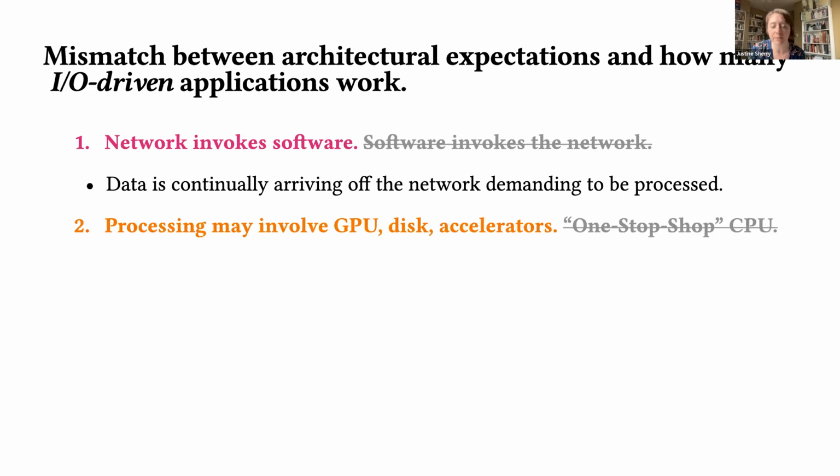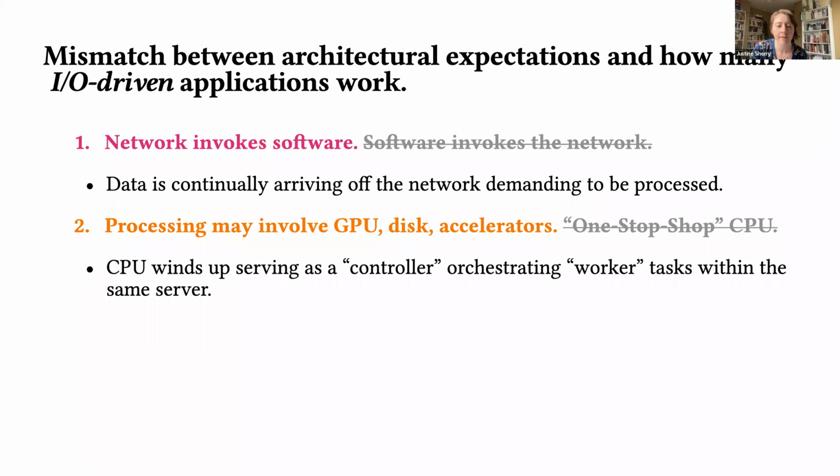And this pushes the CPU into this awkward role where it's an orchestrator, receiving all the data arriving off the network and then triaging it across other processor cores, shipping it off to disk or sending it to an accelerator. Finally, a non-trivial fraction of compute cycles are spent handling I/O in some fashion, and hence we've seen a lot of work lately, for example, trying to offload serialization or transport away from the CPU.